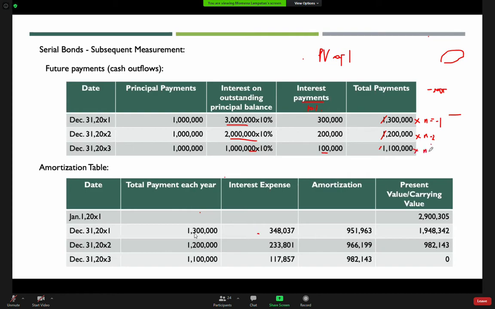Ibig sabihin, you are trying to determine the value of that 1,100,000 today. Yung value niya at time 0. So, kapag na-multiply nyo na itong amount na to dun sa present value factors, makukuha nyo yung answer, yung total nila, yun yung magiging carrying amount at initial recognition.